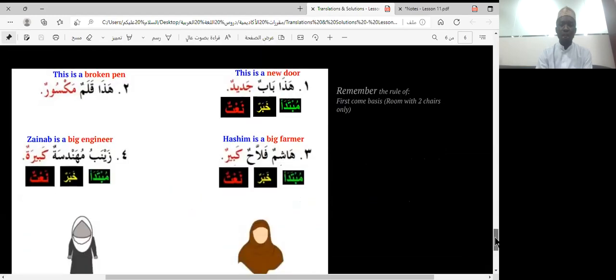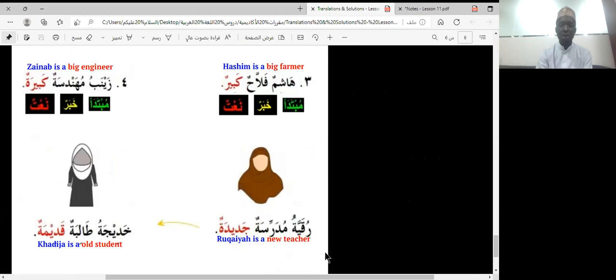But before we end the class, we can say Ruqayya mudarrisatun jadidatun, a new teacher, because mudarrisatun is feminine, jadidatun is also feminine. Khadija talibatun qadimatun, an old student. So we have qadimatun as old, which is na'at for talibatun, which is man'ut. Khadijatu is mubtada, talibatun is khabar, man'ut.